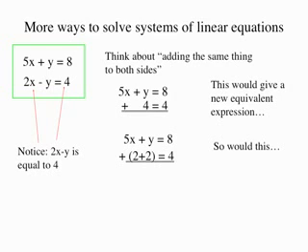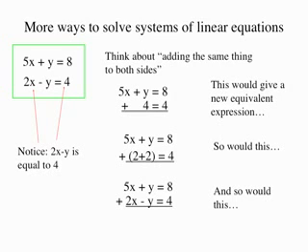The 2x minus y is another way of writing 4. So I can take the first equation, 5x plus y equals 8, and I can add the second equation to it. What I'm really doing here is adding 4 to both sides of the first equation, but I'm writing 4 in two different ways. I'm still adding the same thing to both sides of the equation, I'm just writing it differently.